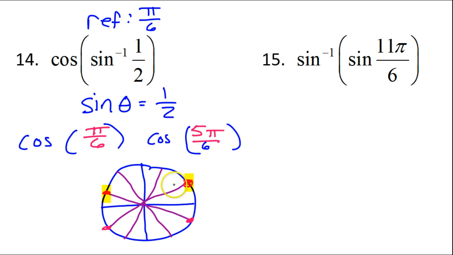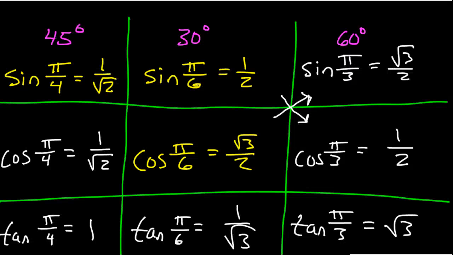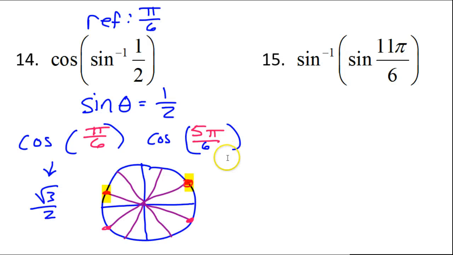Alright, well, the cosine of pi over 6 is radical 3 over 2. That's right off our scratch paper. The cosine of pi over 6 is radical 3 over 2. That's one of the ones we memorized. And it's in the first quadrant, so it's positive, so that's good.